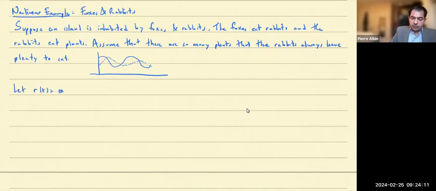Let R of t be equal to the number of rabbits at time t, and F of t be equal to the number of foxes at time t.